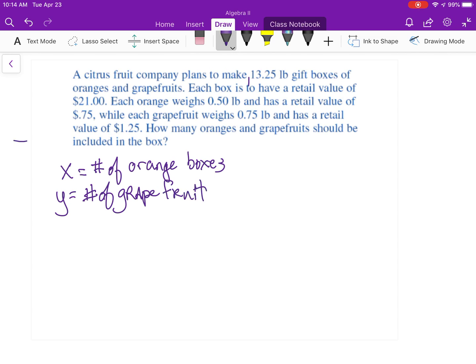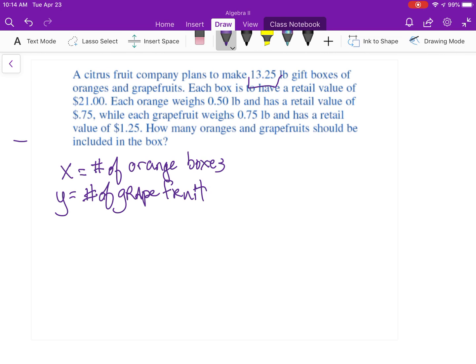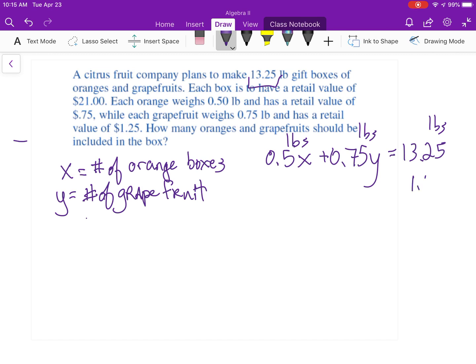Okay, I'm given the total poundage, so I'm going to see how much weight is given by the oranges, and I'll multiply by that, 0.5x, where the grapefruit weighs 0.75, y. The weight of the orange boxes plus the weight of the grapefruits has got to be the total weight. So if I'm thinking about units, it's pounds adds up to pounds. The other one is I know the total value of the box.